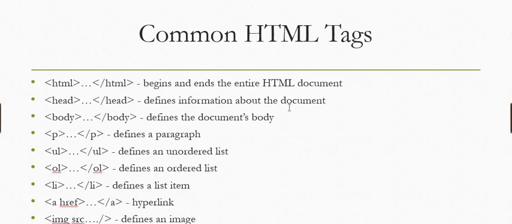So what are some common HTML tags? Last week we mentioned that HTML and close HTML begins and ends the entire HTML document. I also noted that the head, close head, defines information about the document and also features meta information that helps the specific Google search engines or web crawlers that find this information useful to them in order to determine where your website or web page may rank within Google or be visible when you Google search.